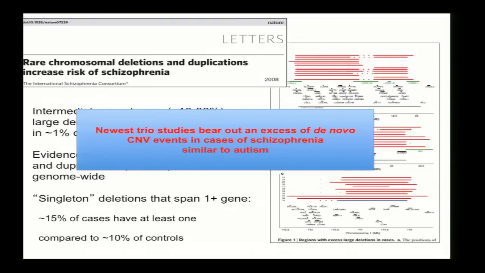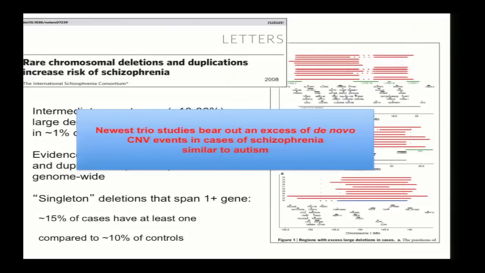One thing that was seen in both schizophrenia and autism was that in addition to these specific loci at which there were recurring events in many people, there was just a general tendency that cases were more likely than controls to have a really large event somewhere in their genome. And by really large, I mean a typical threshold might be 500 kilobases or more.